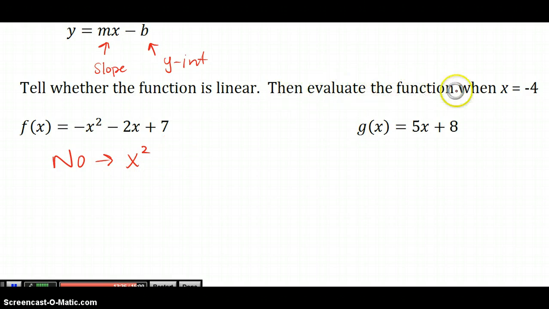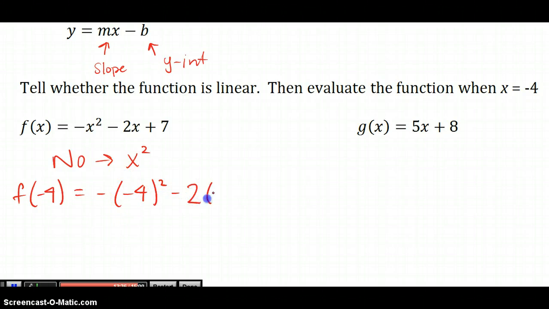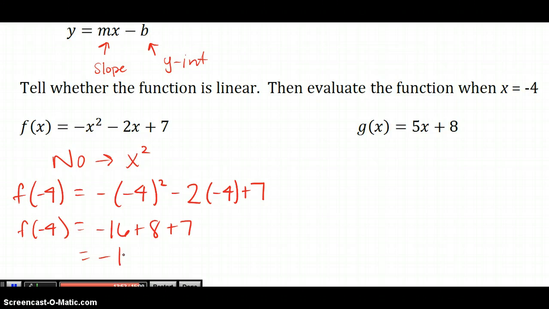But then it says we want to evaluate where x equals negative 4. So I put negative 4 in for x. And when I do my math, negative 4 squared is 16, make that negative. That becomes a positive 8 plus 7, which gives me negative 1.